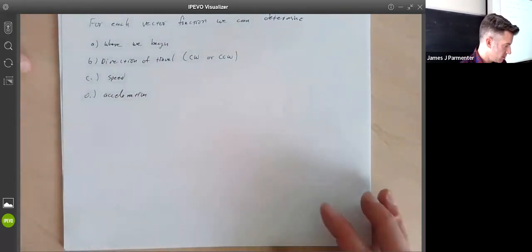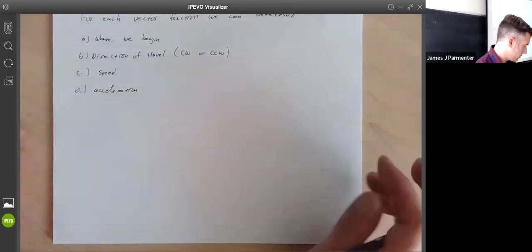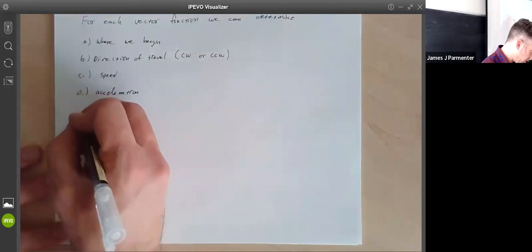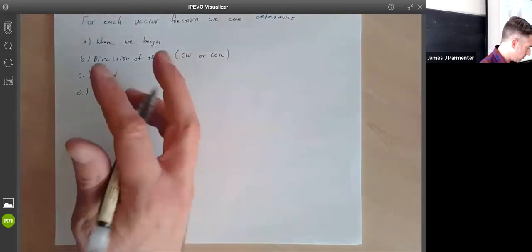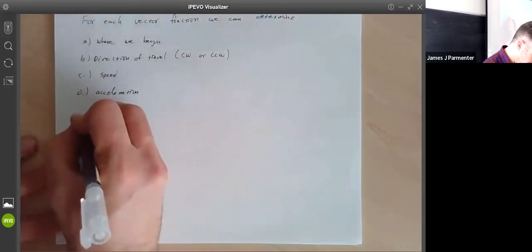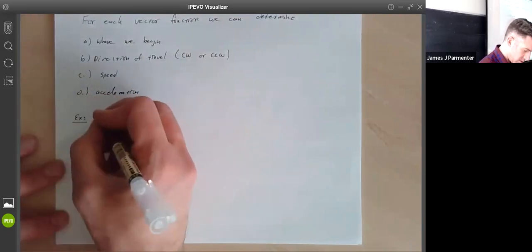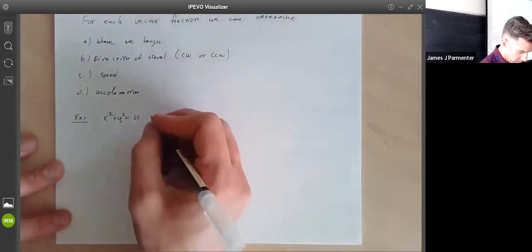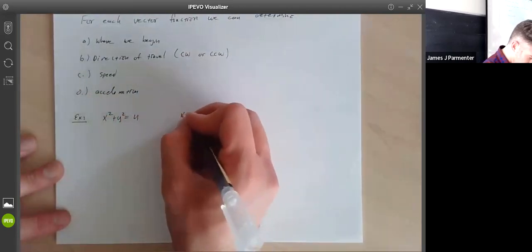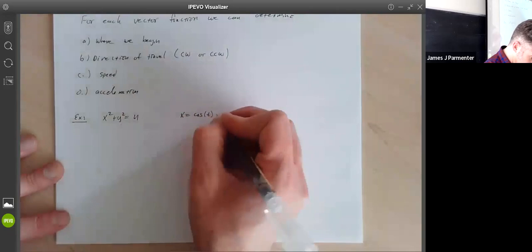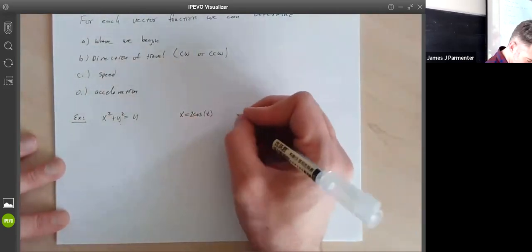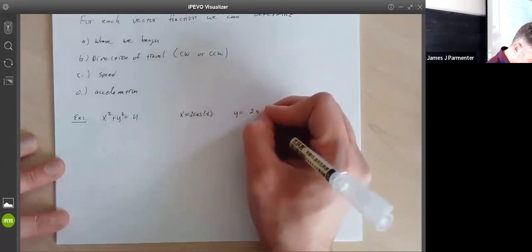Okay, so let's look at what we were just thinking before. Let's say we are now just looking in 2 dimensions for a minute. So for example, let's say we're looking at the same circle, x squared plus y squared equal to 4, which we're going to write as x equal to 2 cosine of t, and y equal to 2 sine of t.